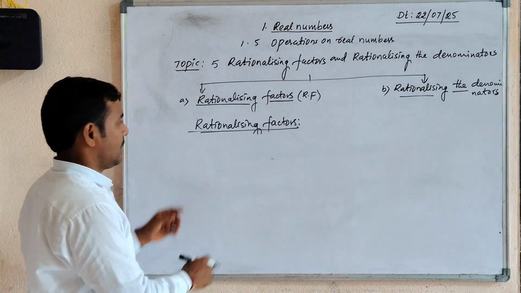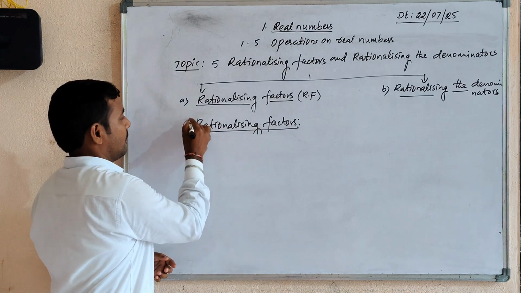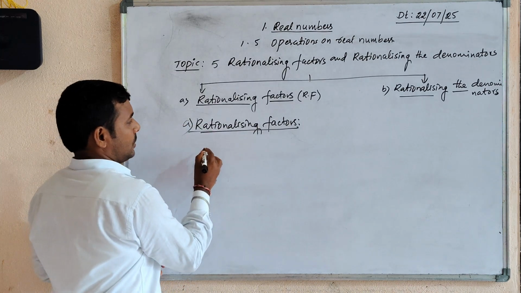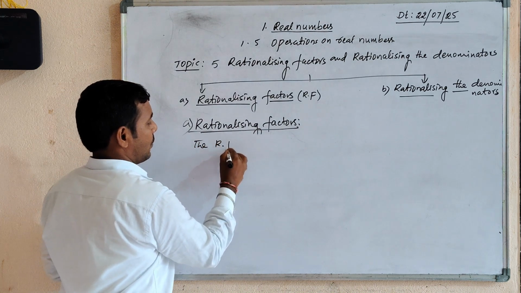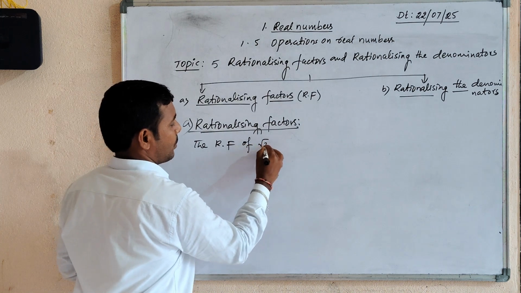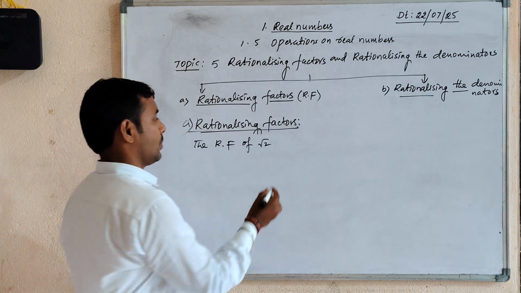Okay, students. A few more details about this topic. Suppose we want the rationalizing factors of square root of 2. Now try to write the answer.